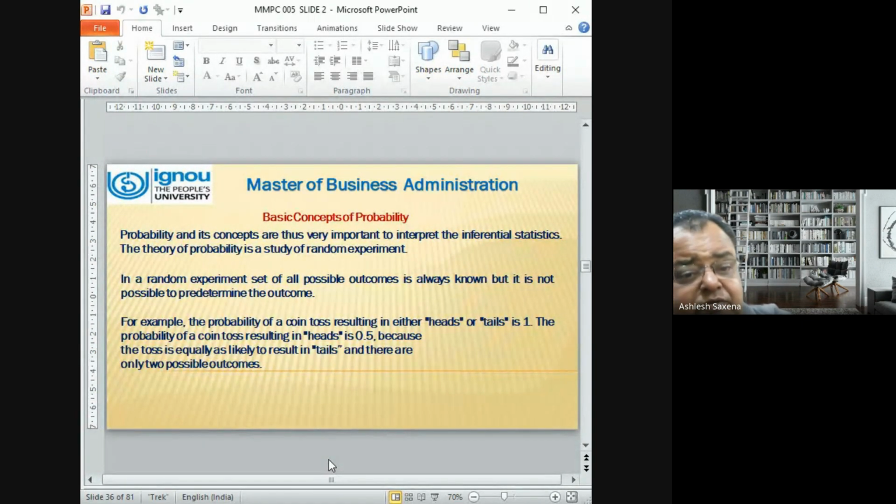The probability of a coin toss resulting in head is 0.5 because the toss is equally as likely as the result of tails, and there are only two possible outcomes. This is what I told you. Either head will come or tail will come. It's not possible that head and tail both come simultaneously.